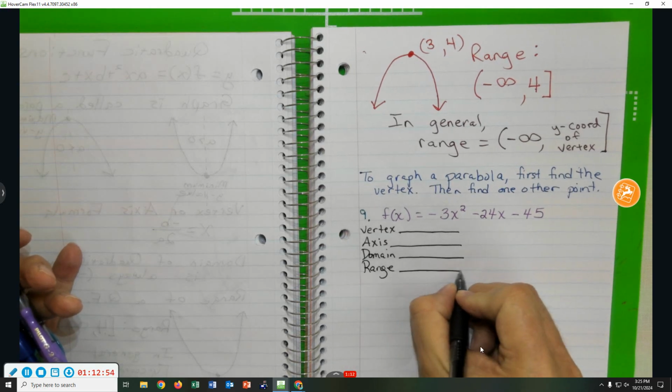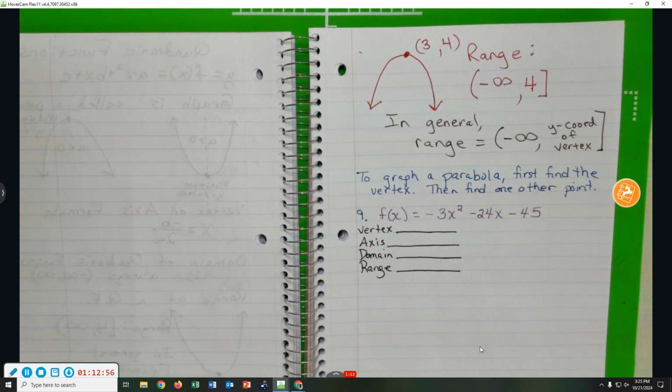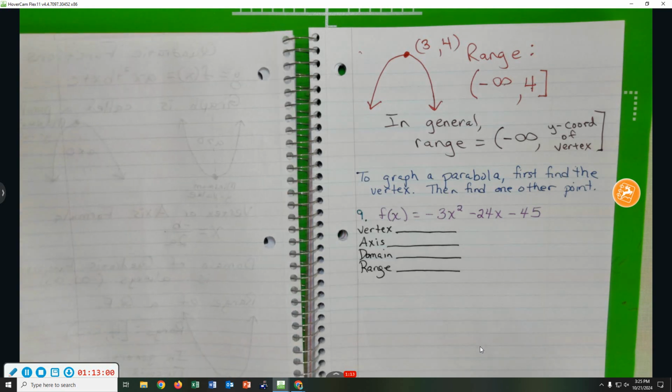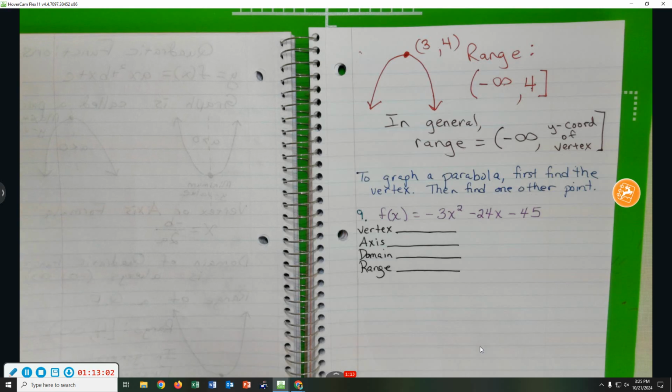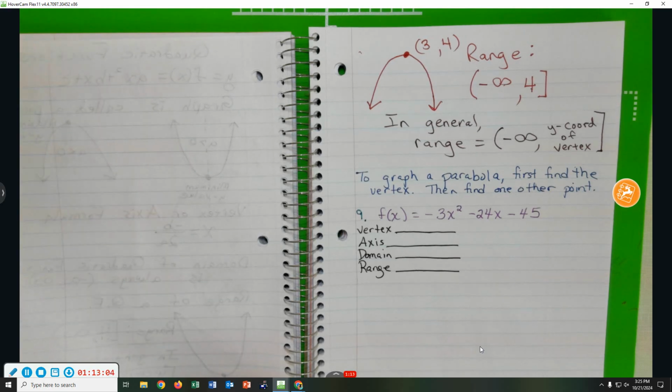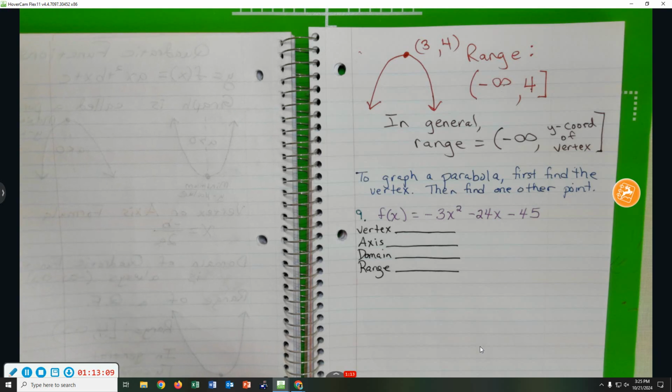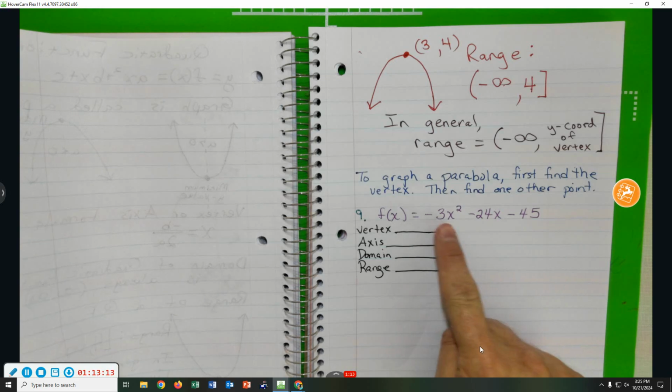One of these we can fill in right now. Every quadratic function has the same one of those. Which one can we fill in? The vertex, axis, domain, and range. Which one? It doesn't matter what the numbers are.